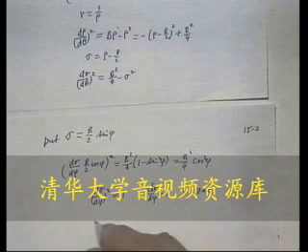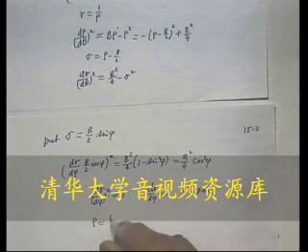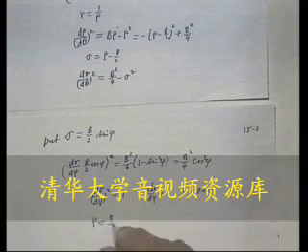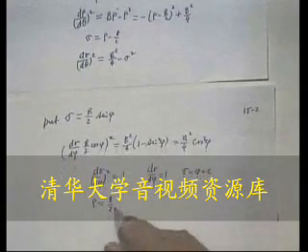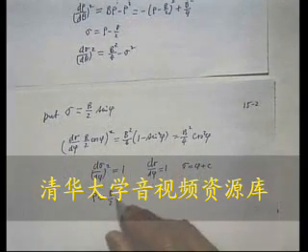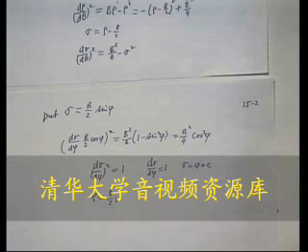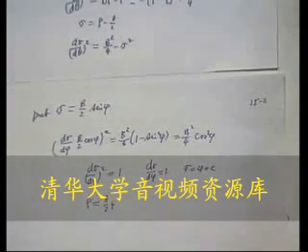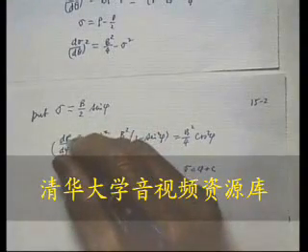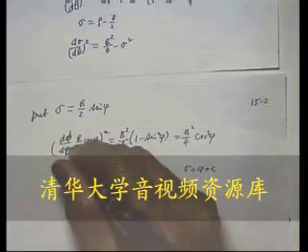So rho is equal to B over 2 plus sigma. Something's wrong. Just a minute. This is wrong. This is d phi/d theta.